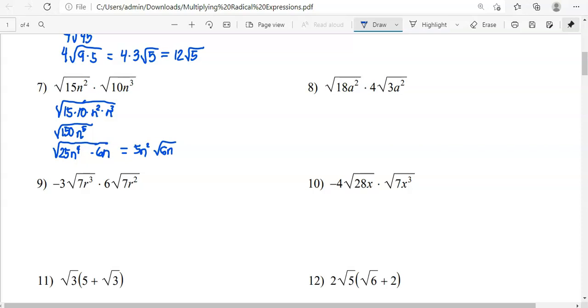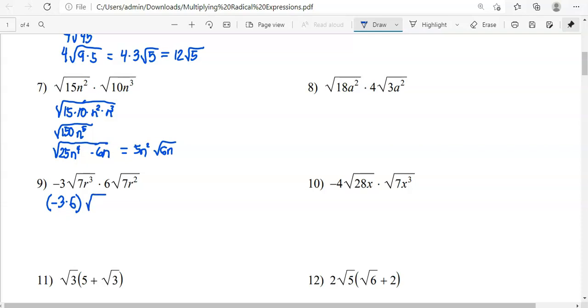Negative 3 times the square root of 7r cubed times 6 times the square root of 7r squared. So yung numerical muna sa labas, we will multiply. So negative 3 times 6, then yung radical i-multiply natin.